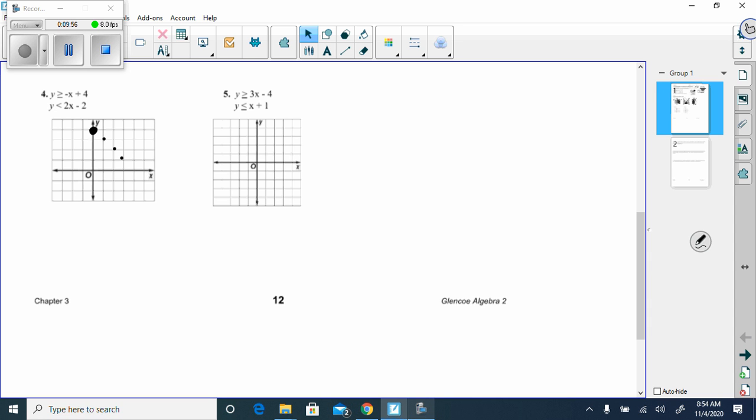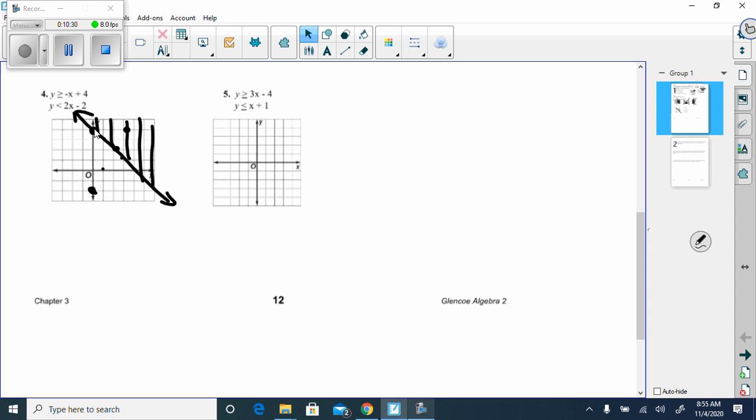Okay, and do I connect them with a dotted or solid line? And where do I want to shade? Good. Okay. And then my second one starts at -2. This one has a positive slope, so it slants the opposite direction, and I'm going up 2/1.